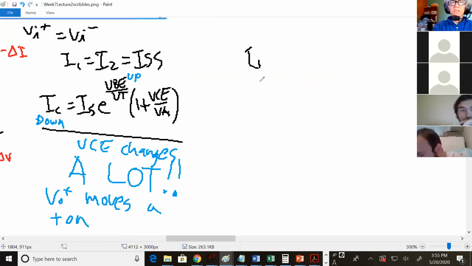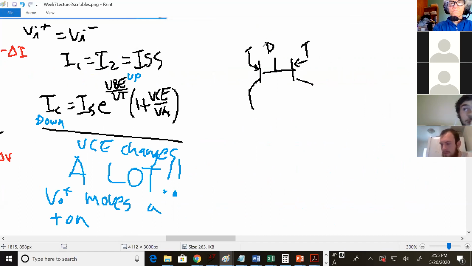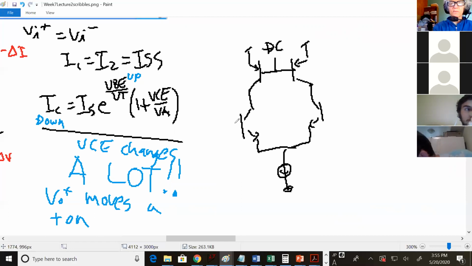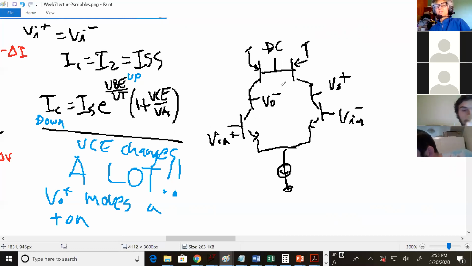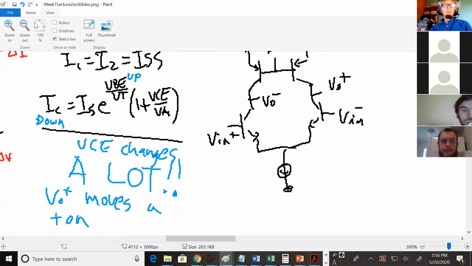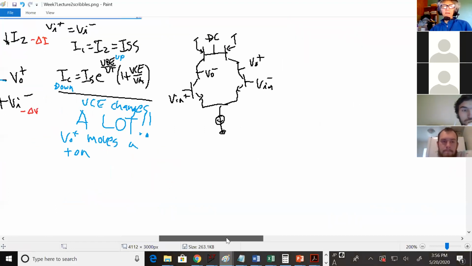But let's say instead of that, so my question is, does this circuit have higher gain, or does the diode connected one have higher gain?